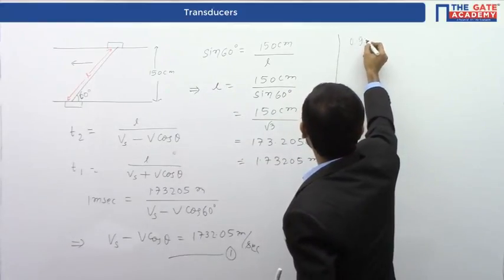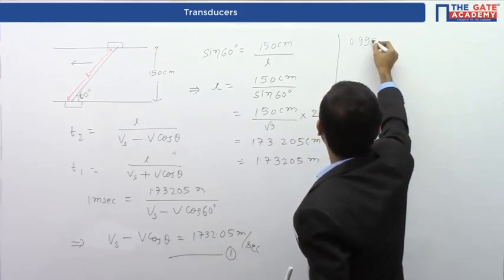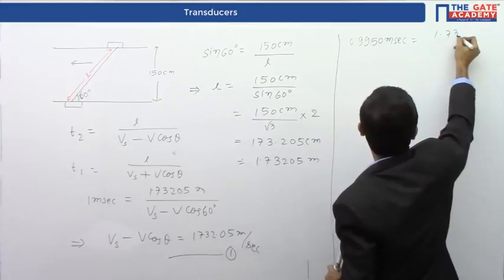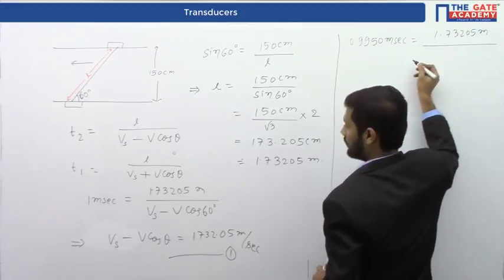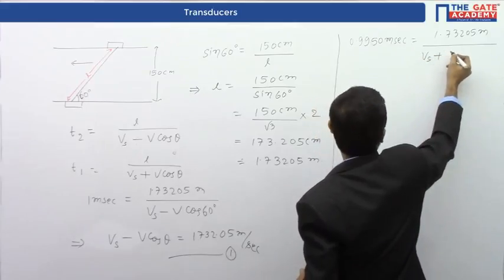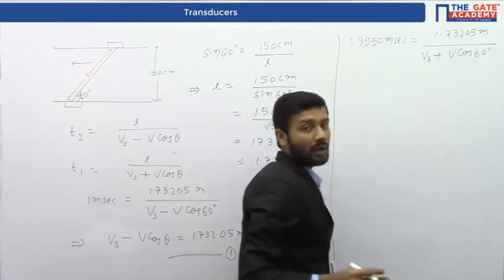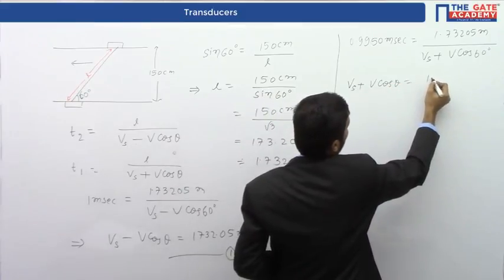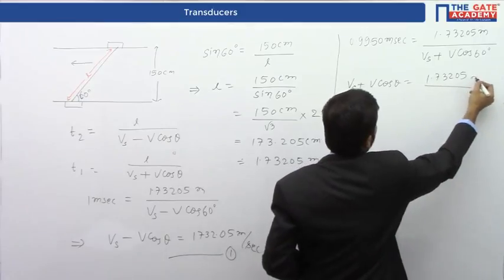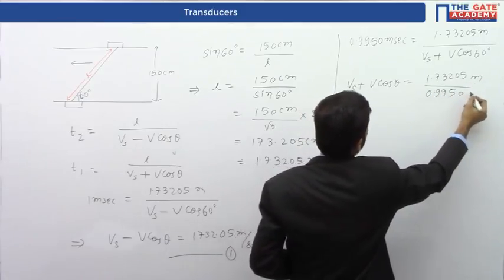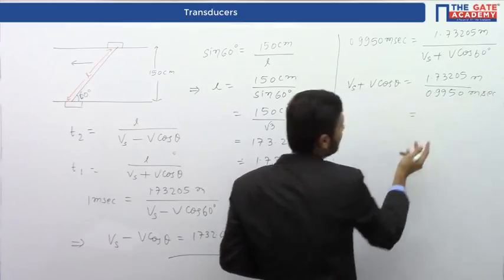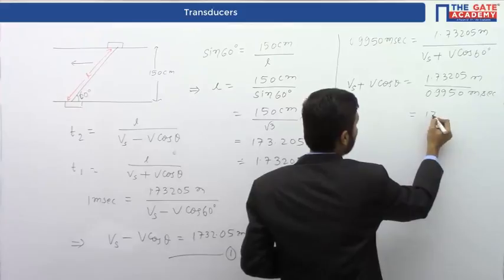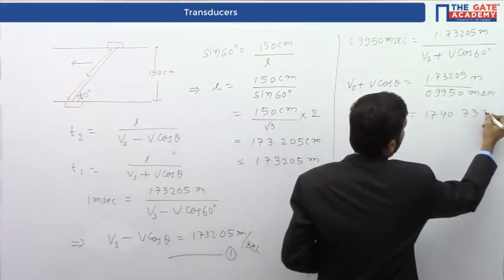Now this T1 is given, so Vs plus V cos theta equals 1.73205 by 0.9950 millisecond, which is approximately 1740.73 meter per second.